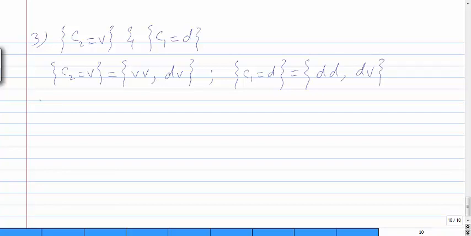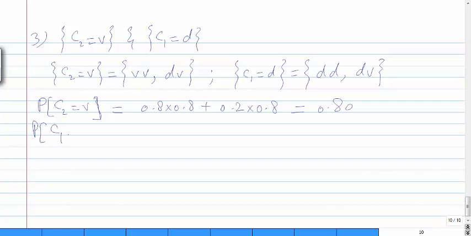Now let's calculate the probability of C2 equal to V. The probability is 0.8 times 0.8 plus 0.2 times 0.8, so it becomes 0.80.